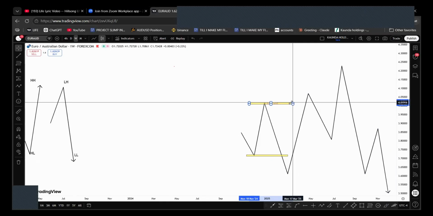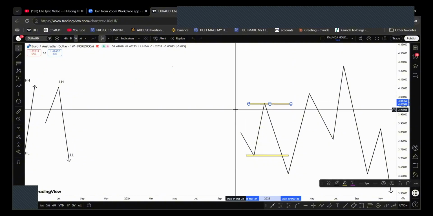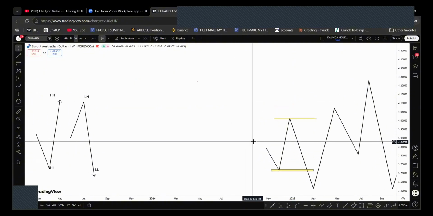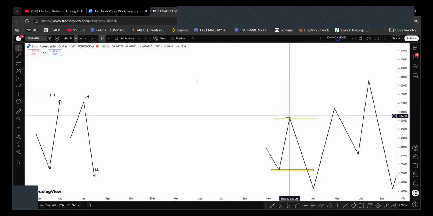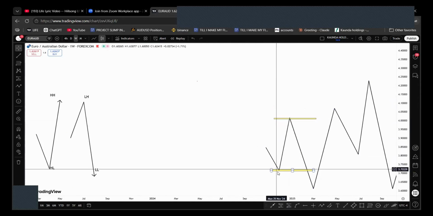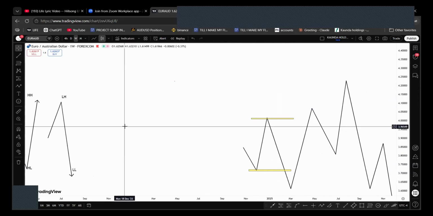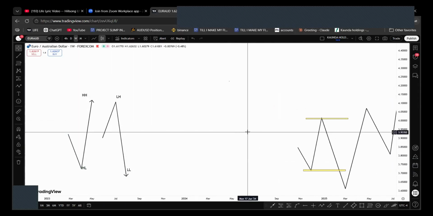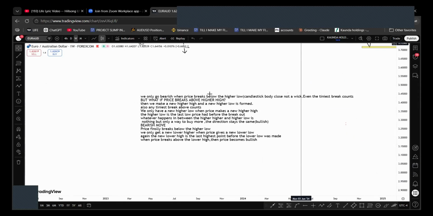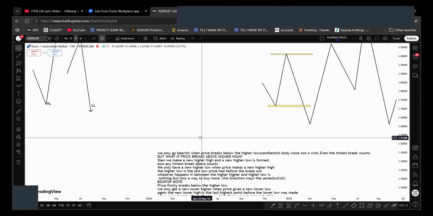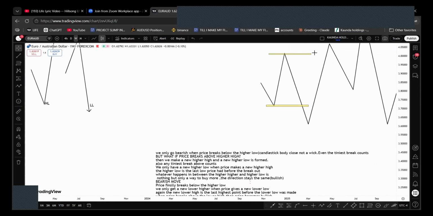And since we're at this level, this was a higher high and this was a higher low. Since you guys already know what to do, you already know these rules, eh? I showed you guys how we go about them.